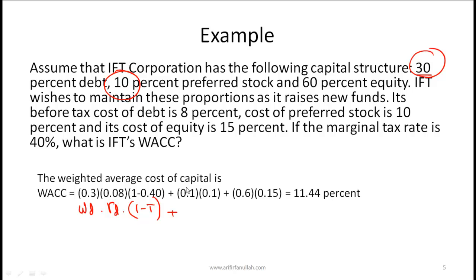This comes from the 10% preferred stock, so the weightage of preferred stock multiplied by the cost of preferred stock, which is 10%, so that's the RP, plus 0.6, the weightage of equity, which is given right here, and 15% is the return on equity, so that is RE. So we do the maths and we get 11.4%.